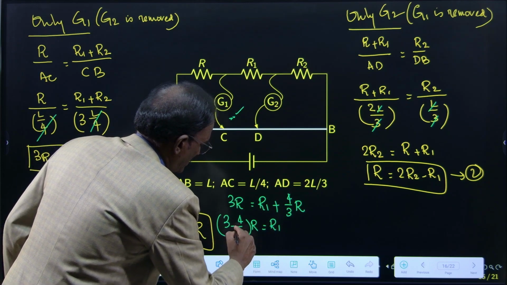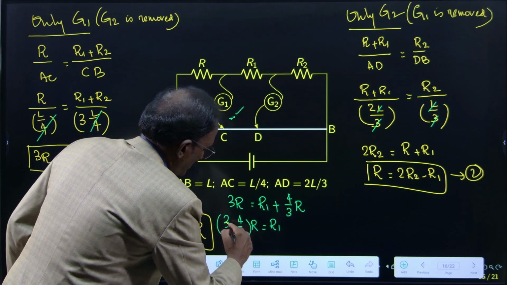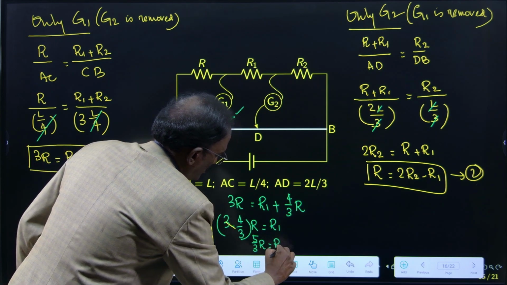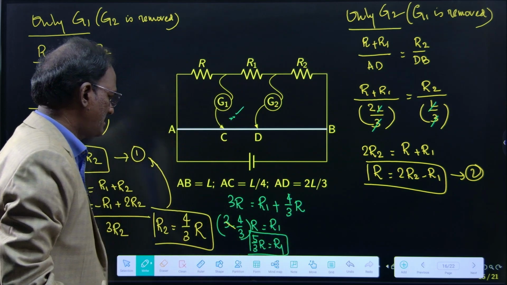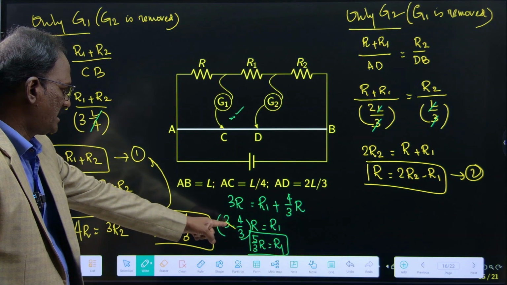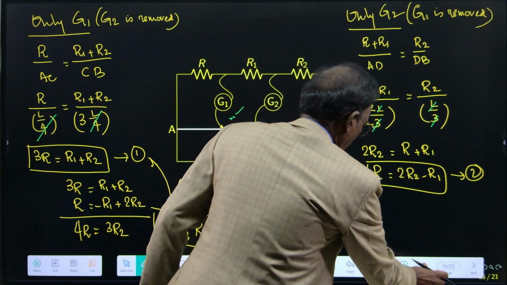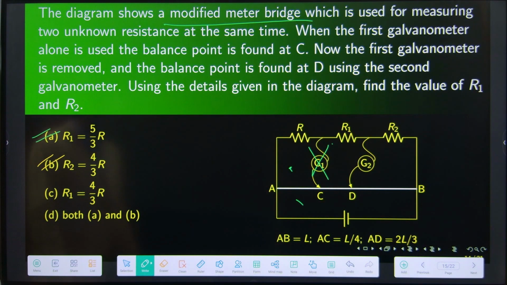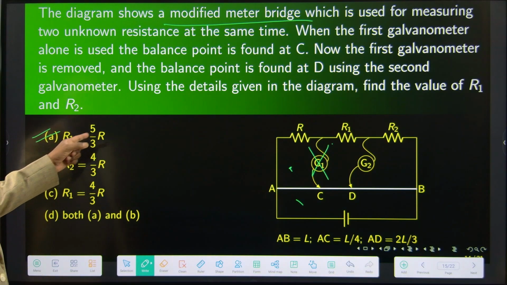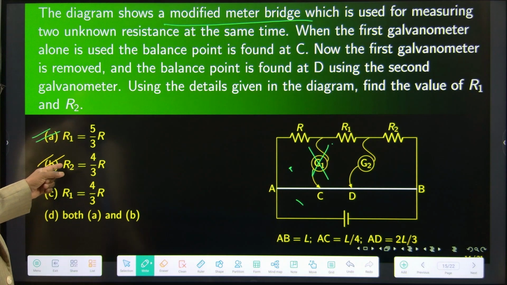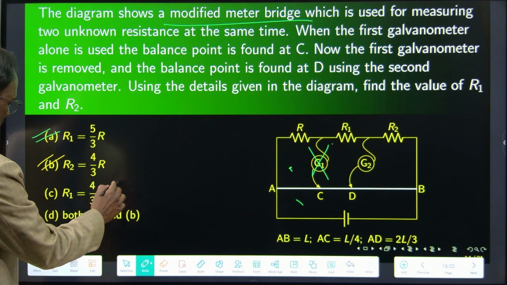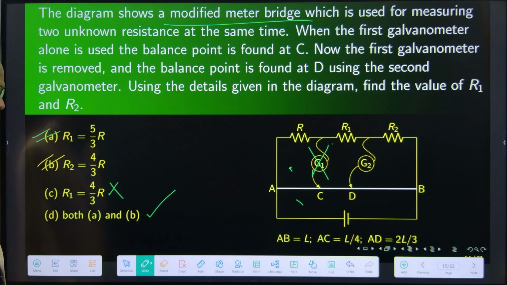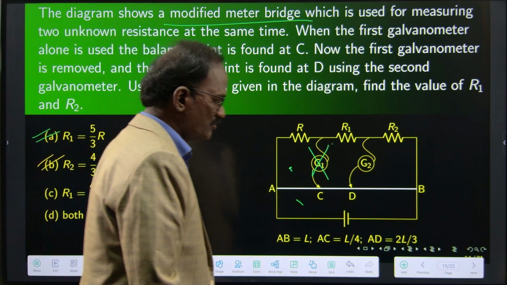So this is 9 minus 4, 5 by 3R is equal to R1. R1 is equal to 5 by 3R. 3 into 3, 9. 9 minus 4, yes, 5 by 3. Yes, option A is also right. R1 is equal to 5 by 3R, correct. R2 is equal to 4 by 3R, correct. But option D must be the right answer, both A and B. So we have to choose option D.